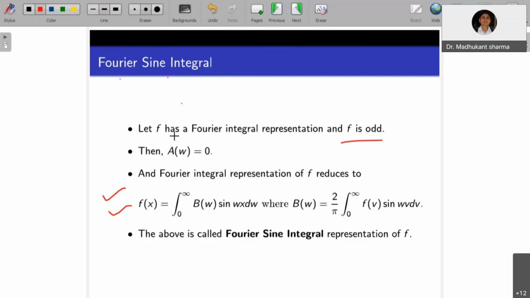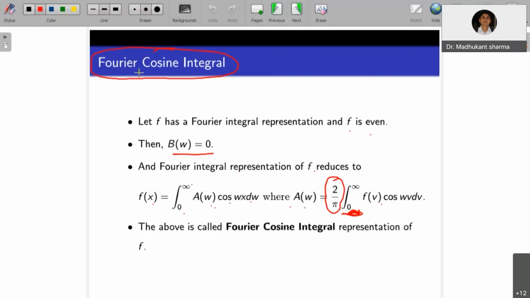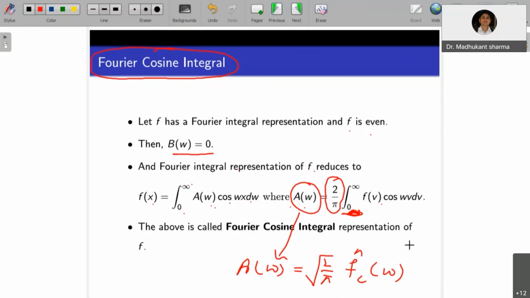If you replace this a of w by a of w equals square root of 2 by pi times f cap c of w, what does that mean? This cap means transform.